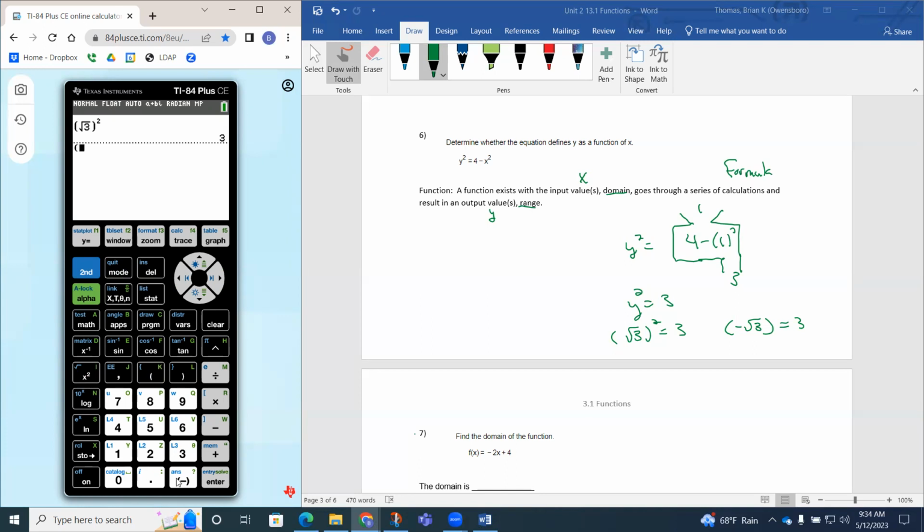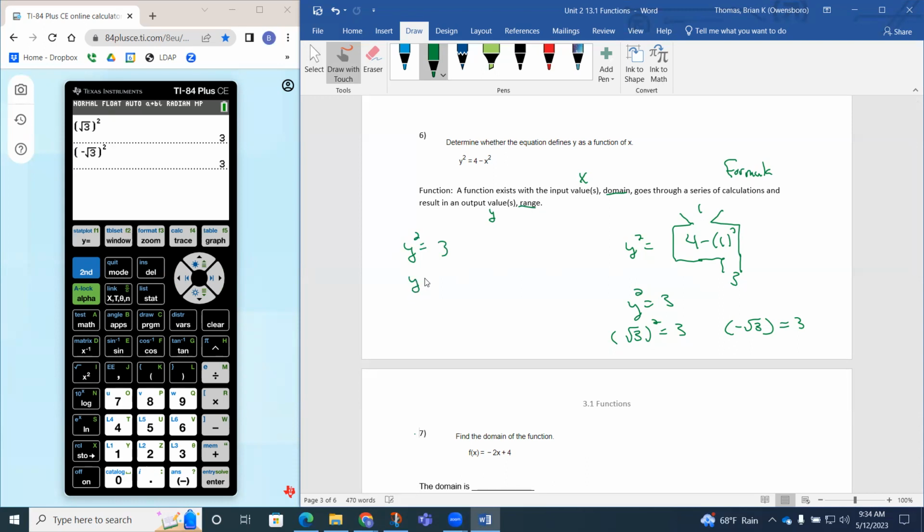Also, if I put a negative square root of 3 in there, close parenthesis and square that, notice how that also gives me a 3. So when 1 went in, the final result would actually be y squared equals this 3.